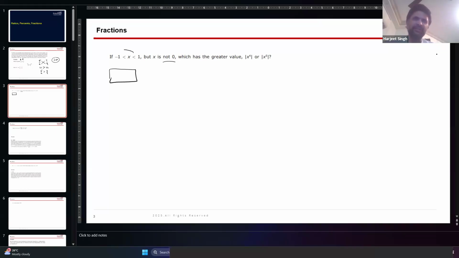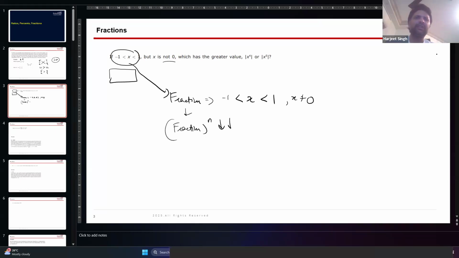Now, when we look at this, clearly this means it's a fraction. x between 1 and -1, but x not equal to 0 means it's a fraction. And if any number is a fraction, its power will even further reduce that fraction. For instance, half versus half cube.